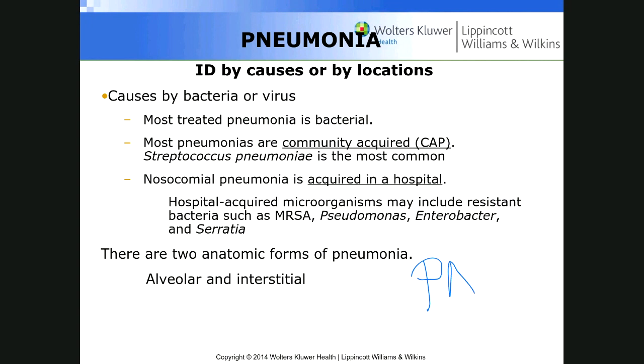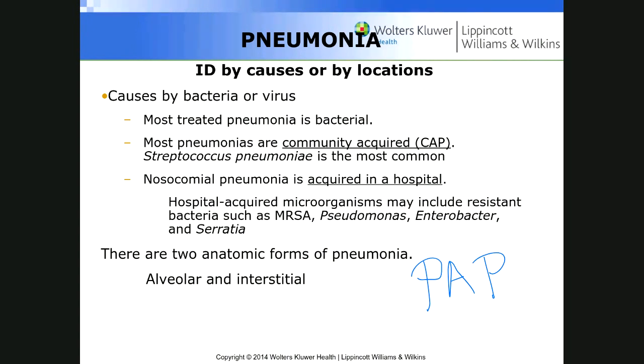We began to talk about how there is typically primary atypical pneumonia, due to a microorganism that is not culturable, like Mycoplasma, for example. And then we'll talk about whether the pneumonia develops in the alveolus, or between the alveoli.